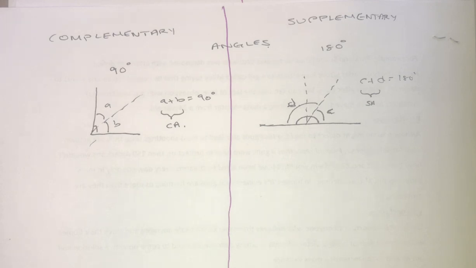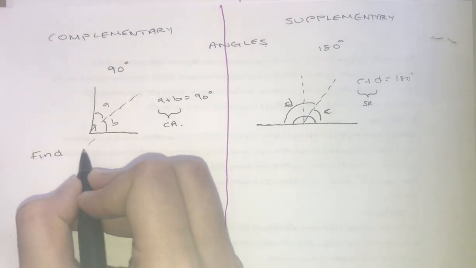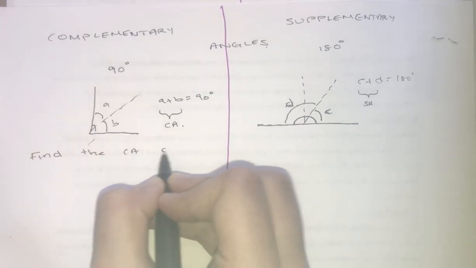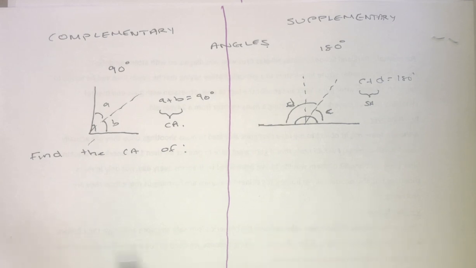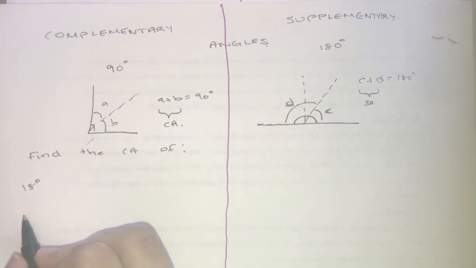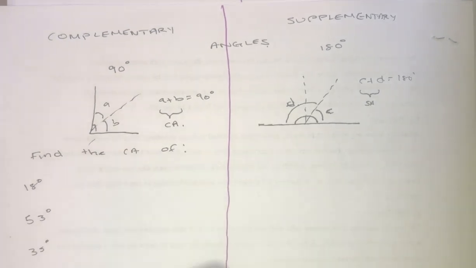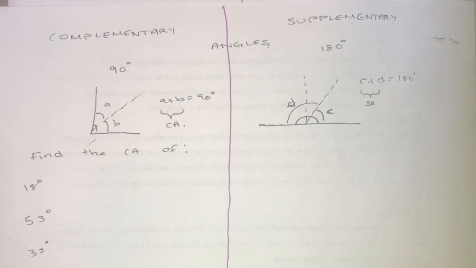And let's go look at some examples. So let's find the complementary angle of the following. Let's look at 18 degrees, 53 degrees and 35 degrees. These are the three examples that we're going to be looking at.